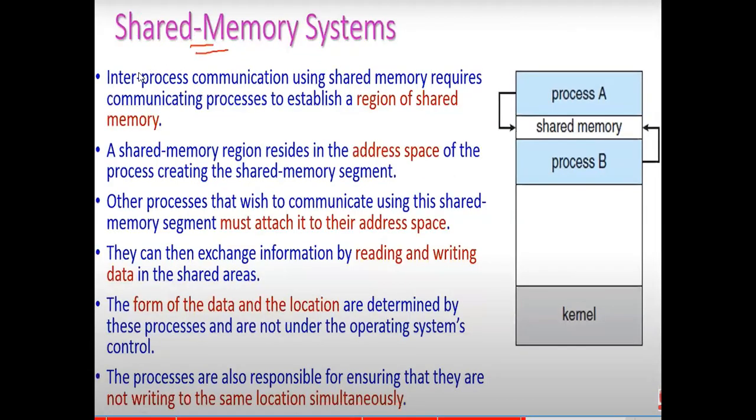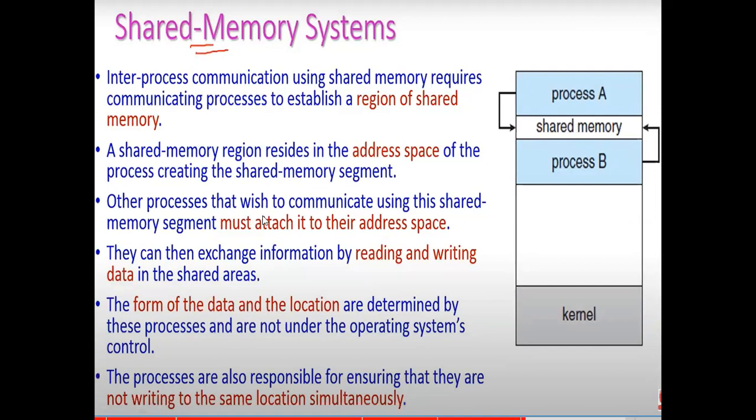The next model is the shared memory model. Inter-process communication using shared memory requires the communicating processes to establish a region of shared memory. A shared memory region resides in the address space of the process creating the shared memory segment.